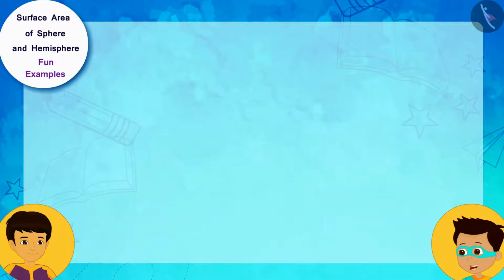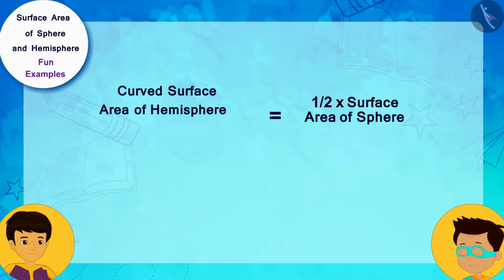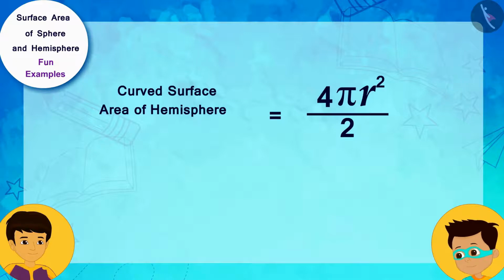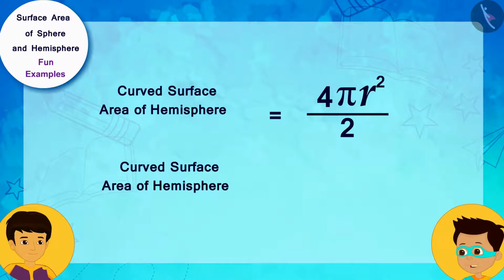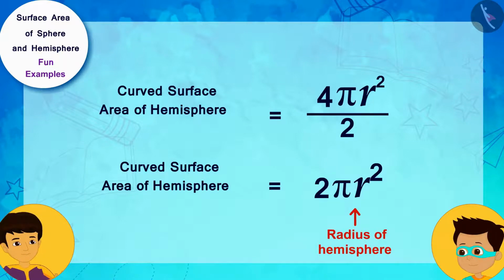Therefore, the curved surface area of hemisphere will be equal to half of the surface area of a sphere. That is 4 pi r squared divided by 2. In this way, the curved surface area of the hemisphere is 2 pi r squared, where r is the radius of the hemisphere. Oh yes!